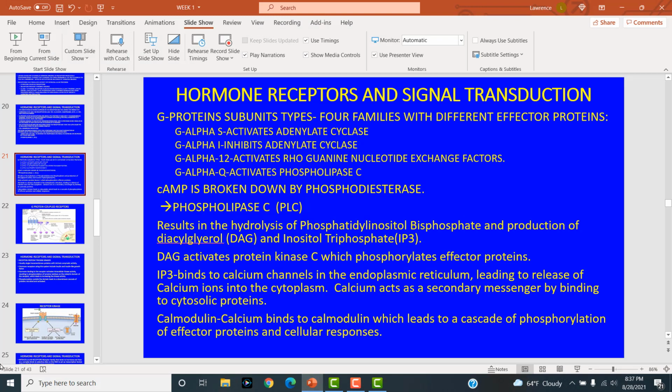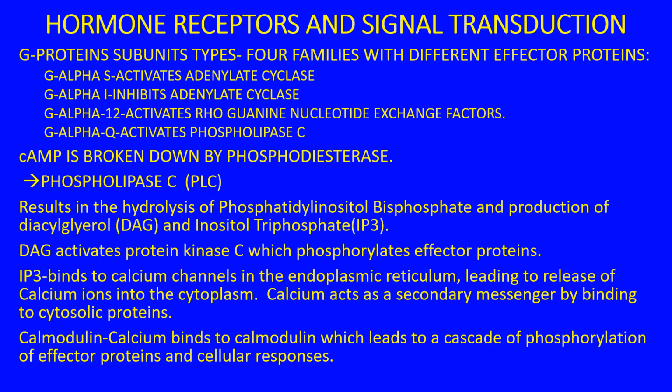What is that? Well, this is another system that occurs inside this cascade for a signal. This basically results in the hydrolysis of phosphatidylinositol bisphosphate and the production of diacylglycerol, DAG, and inositol triphosphate, IP3. Now, DAG activates protein kinase C, which phosphorylates effector proteins.